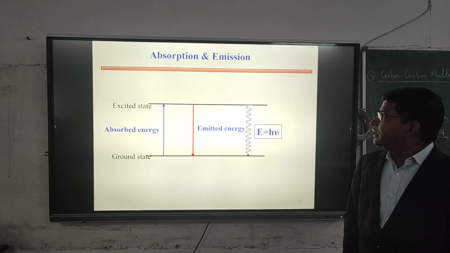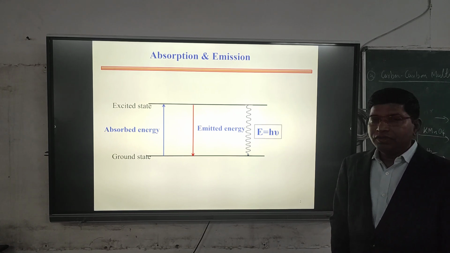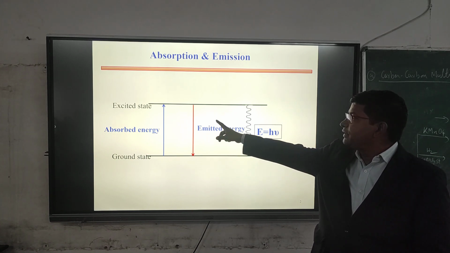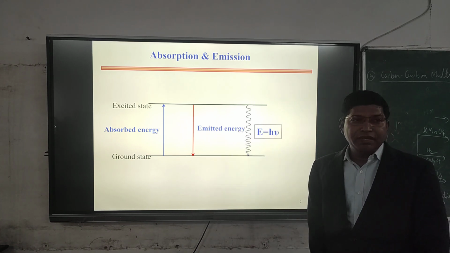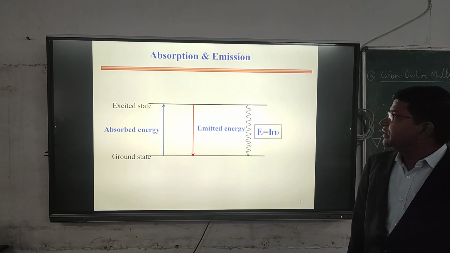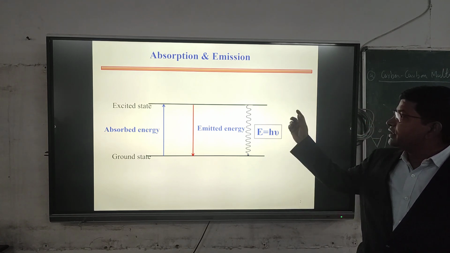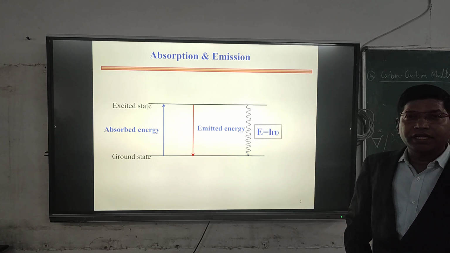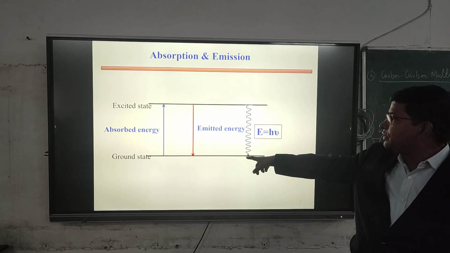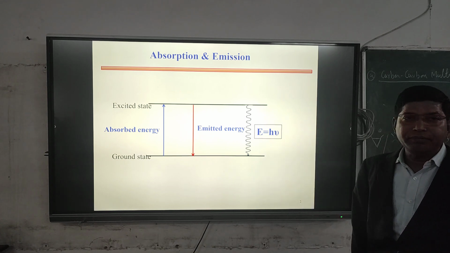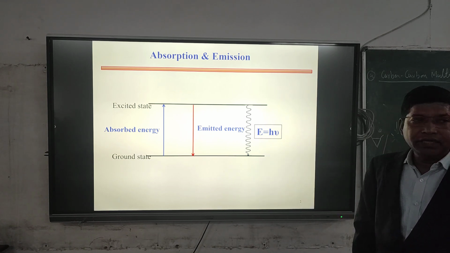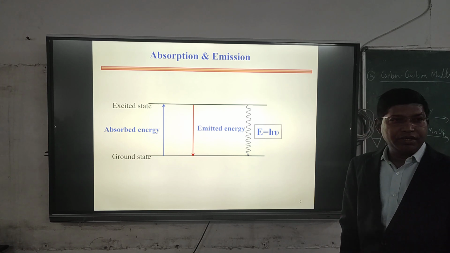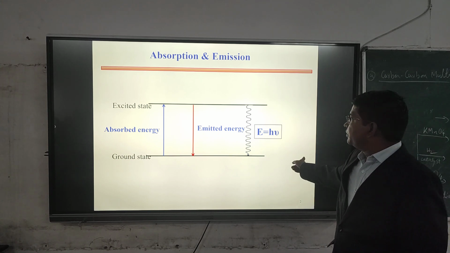But in atomic emission spectroscopy, after the absorption of light, the elements or atoms go to an excited state, and when they lose the energy, they come to the ground state. During that, they emit radiation, and that emitted radiation is measured in atomic emission spectroscopy.